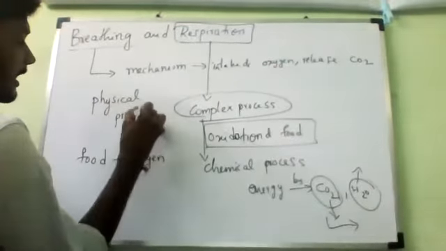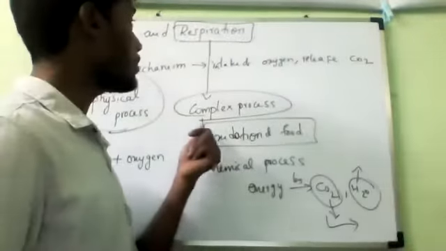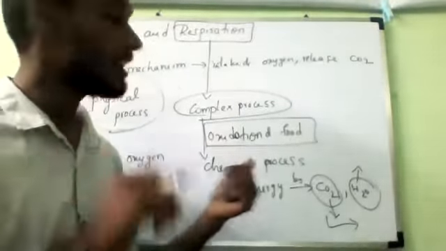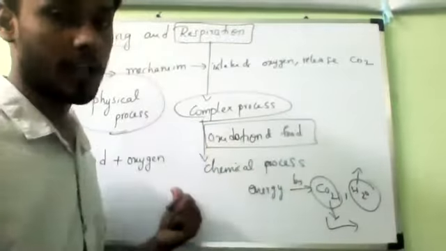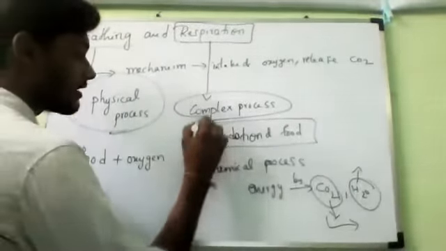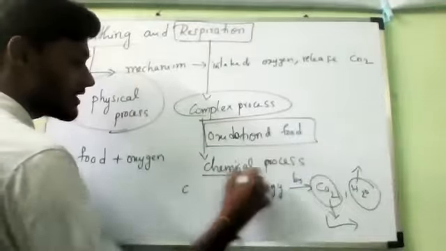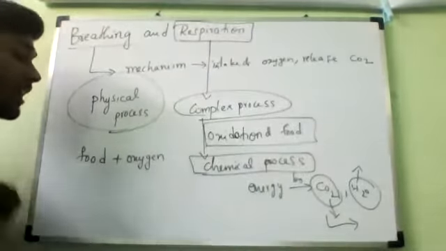So breathing is just a physical process, but when it comes to respiration, what is happening? Addition of oxygen is taking place and new products are being released. Which process is it? A chemical process.